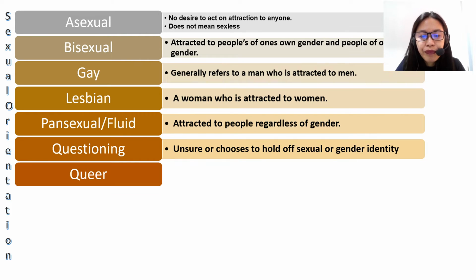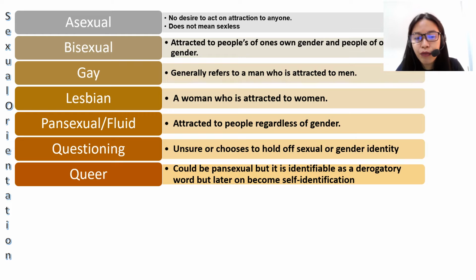Okay? Aside from questioning, we have the word queer. But let me remind all of you that by the book, in the book, queer is a derogatory remark, and there might be people very sensitive of them being called a queer, because a queer is somewhat demeaning a certain person in the LGBTQ community.